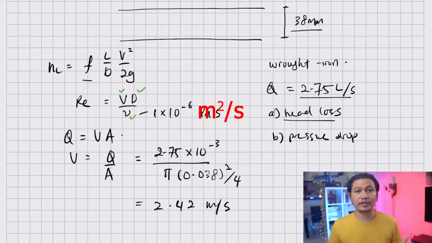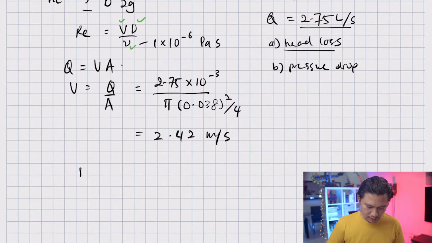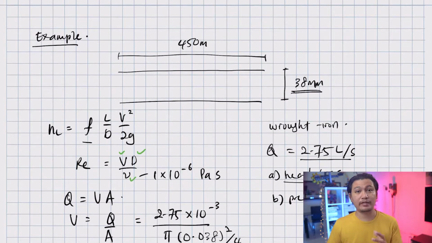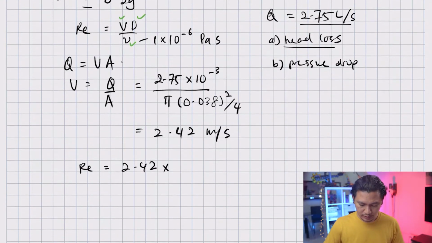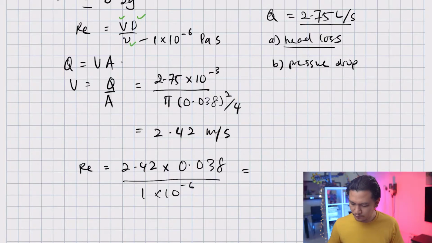So I think we have everything that we need in order to find the Reynolds number. Reynolds number is equal to velocity, that is 2.42, times diameter, 38 millimeter, but remember to convert it into meter, so 0.038, divided by 1 times 10 to the power of minus 6.